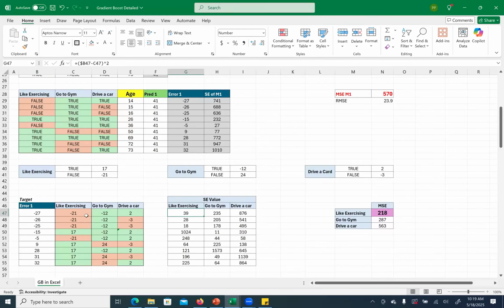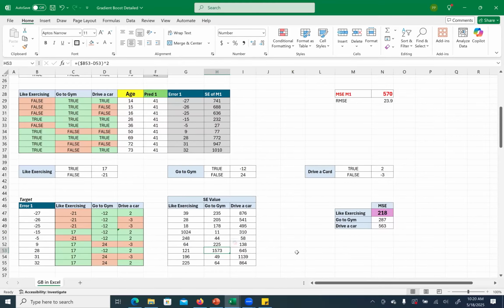Because these values are not exactly integers. Okay, got it. Yes, I understood now. So in model one, we have got exercising as the first feature.